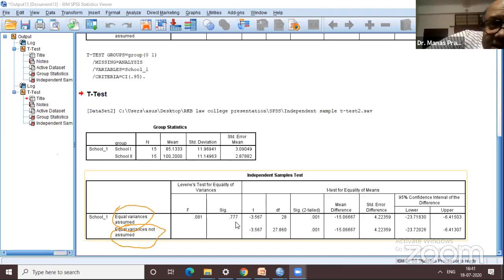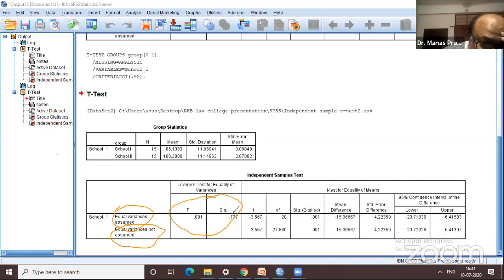For testing the equality of variances, we also have to assume a null hypothesis. My null hypothesis is that variances are equal, and the alternative hypothesis is that variances are not equal.